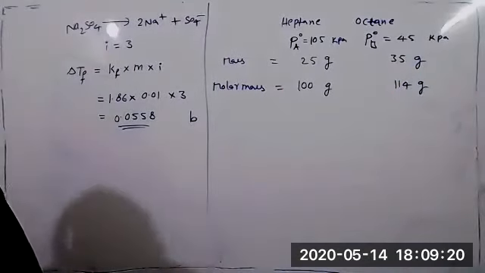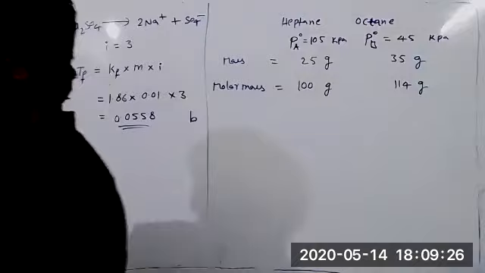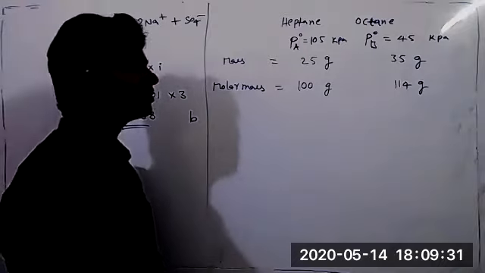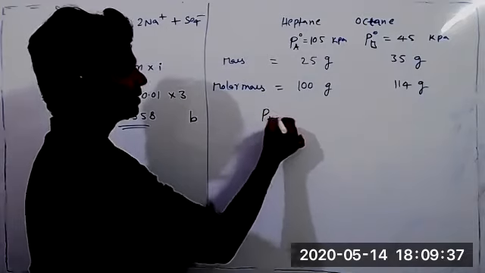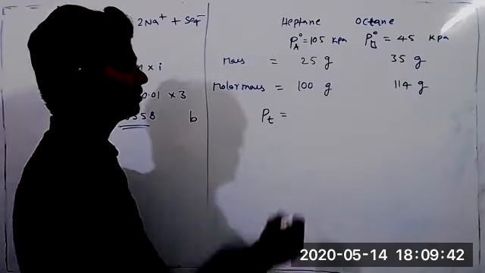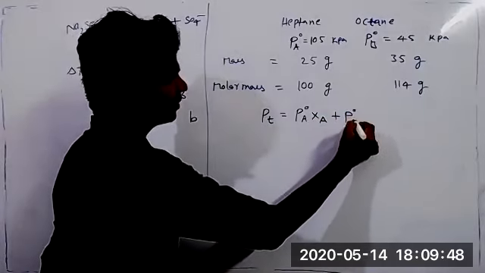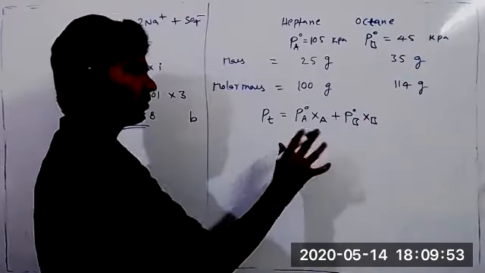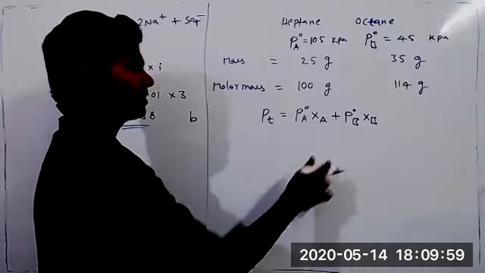Now we have to calculate the total pressure of the solution. What is the formula for Raoult's law? P total is equal to P naught of A into mole fraction of A plus P naught of B into mole fraction of B. If instead of xb we substitute 1 minus xa, that gives another derivation.